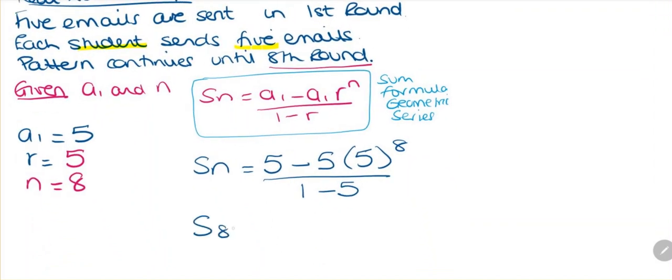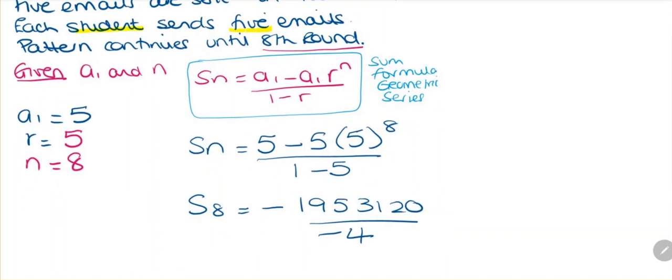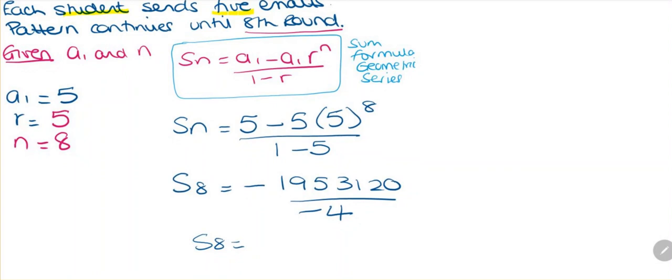So we're looking for the sum of 8 numbers, so we can write S8. And if we work out the numerator, this is going to be minus 1,953,120. And the denominator, 1 minus 5, is minus 4. And I'm just going to put that into a calculator.